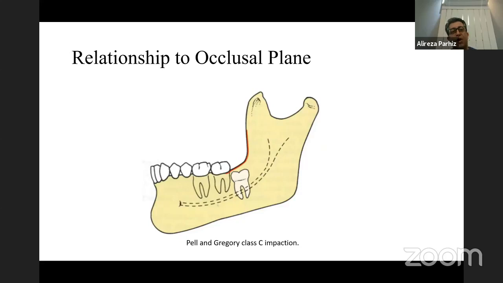Exactly, class A is the easiest, and class C is the most difficult. So in the mandible, a distoangular class C and class 3 is the most difficult impacted third molar to operate on.